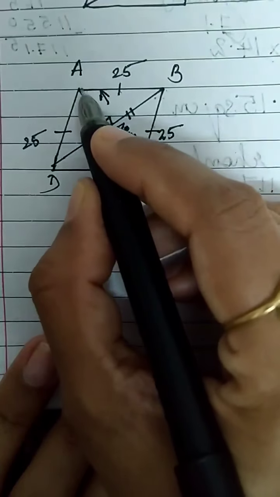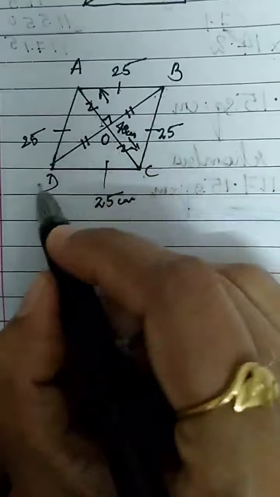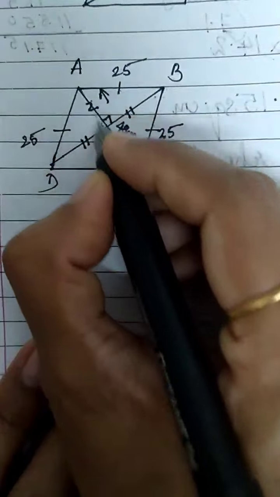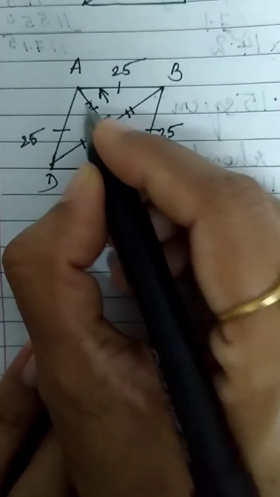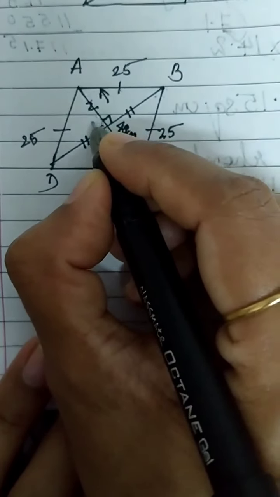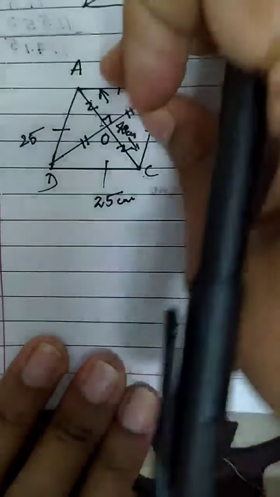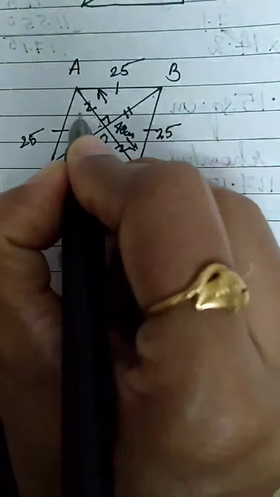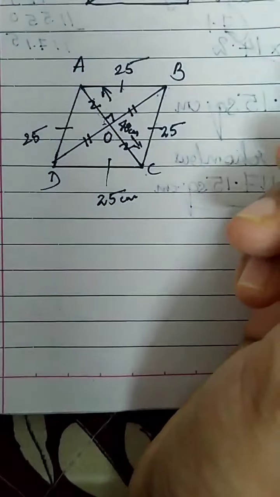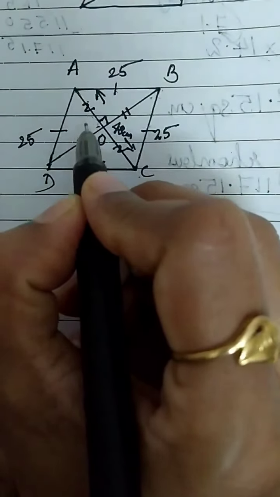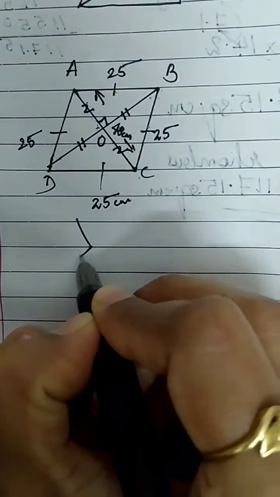Okay. So let me consider this right angle triangle. I'll take it separately. AOD. AOD, this is the perpendicular. So AD is the hypotenuse. Do you know AO? AO is half of 48, that is 24. So can you get OD if you consider this right angle triangle?